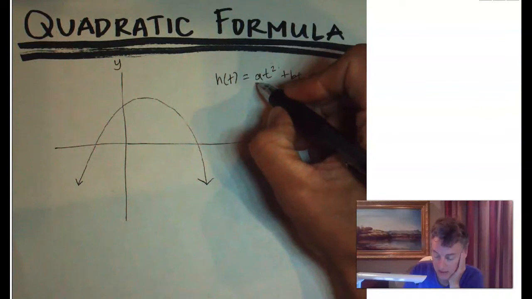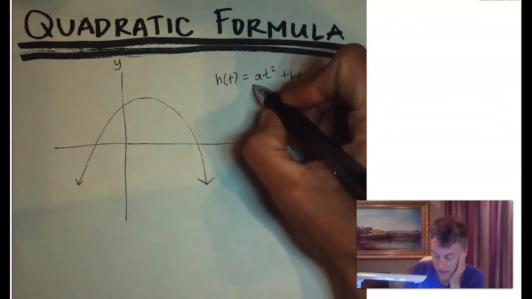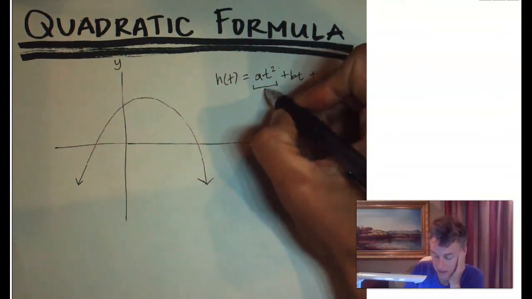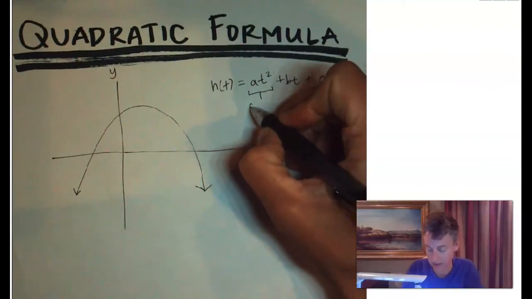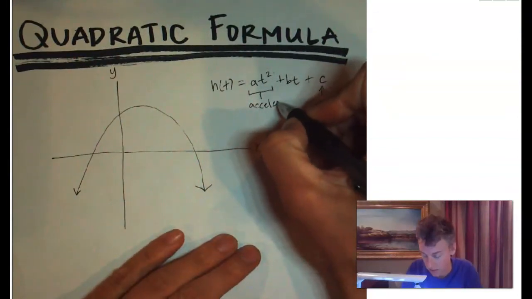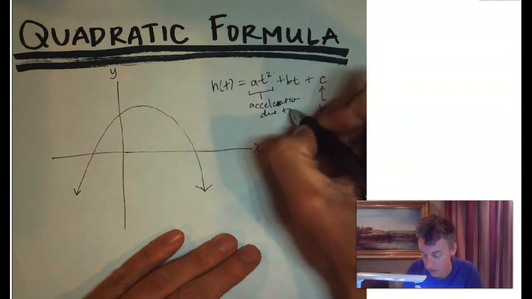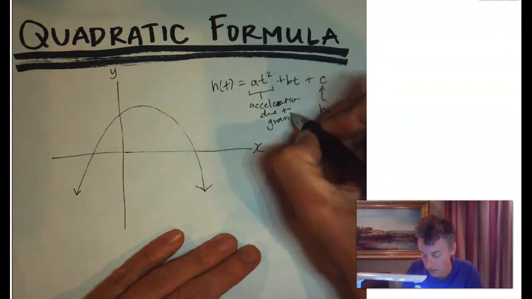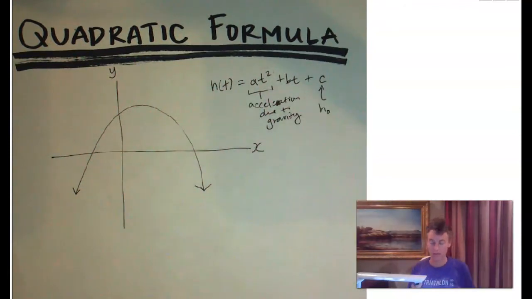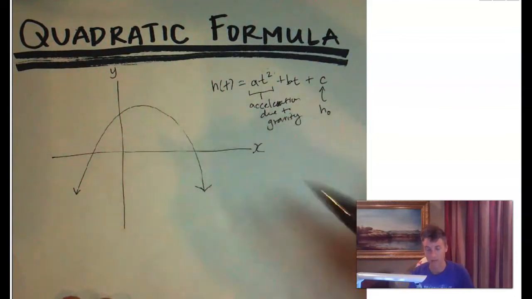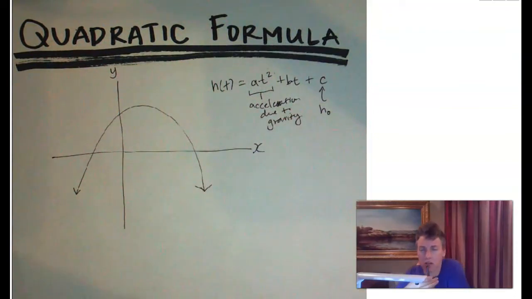The reason it dominates, I guess, is because of this a term, which is the acceleration due to gravity. Gravity is the biggest force happening on objects in what's called projectile motion. That's a longer discussion to have with your physics teacher, but anyway, quadratics are really popular on Earth because of gravity.